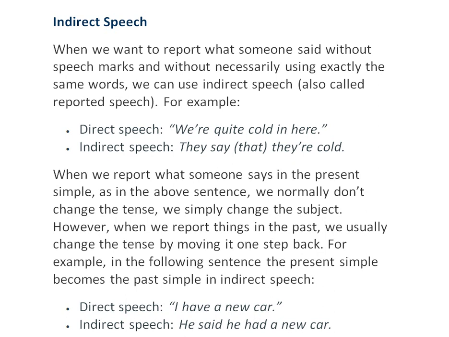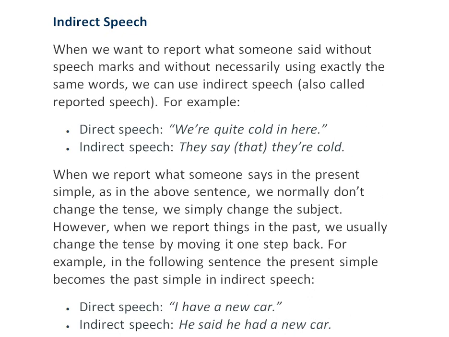Let's say the direct speech is, "We are quite cold in here." In indirect speech we'll say, they say that they are cold. We have not repeated the statement exactly. There are no inverted commas or speech marks, and we have not used exactly the same words. They are different words, but the meaning is the same.